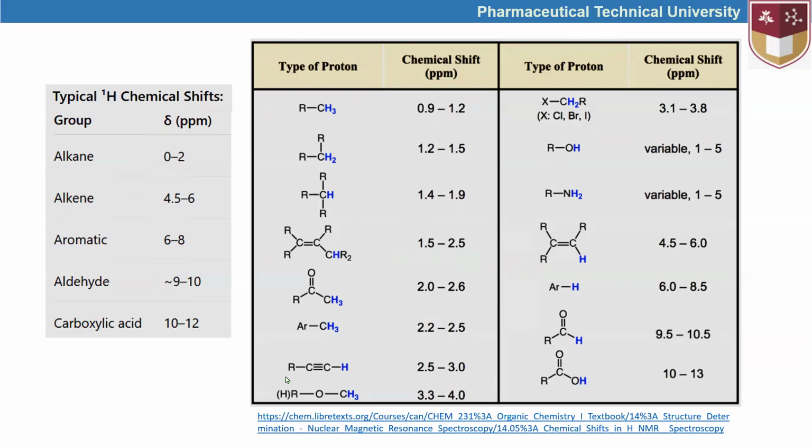Here we can see that the hydrogens that belong to, for example, ethane or propane might have chemical shifts between 0.9 and 1.2. Or the two hydrogens that belong to a carbon that has bonds with other carbons might have chemical shifts between 1.2 and 1.5.